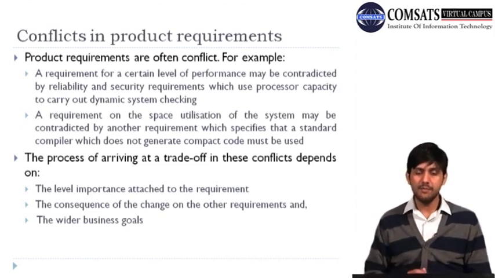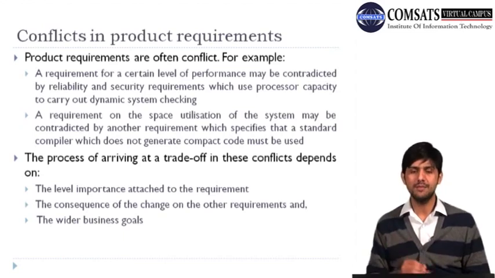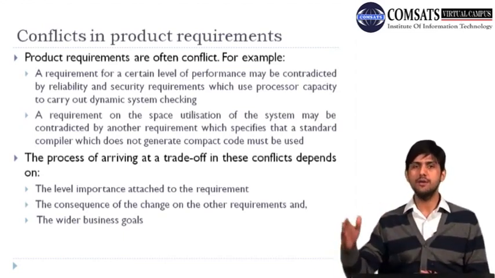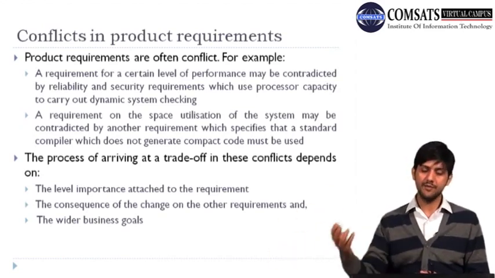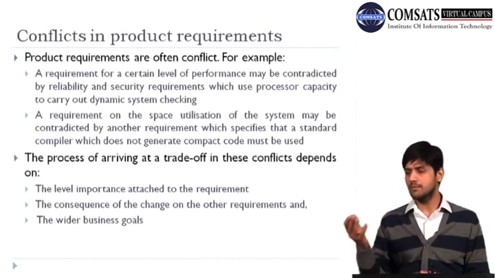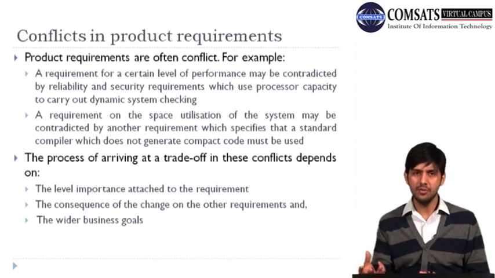Another example is a requirement on the space utilization of the system that may be contradicted by another requirement which specifies that a standard compiler which does not generate compact code must be used. For example, you've put a constraint on the product that you need to develop the system using a certain kind of language or for a certain kind of platform, and you have limited that the development should be done using a certain kind of compiler which does not generate compact code.